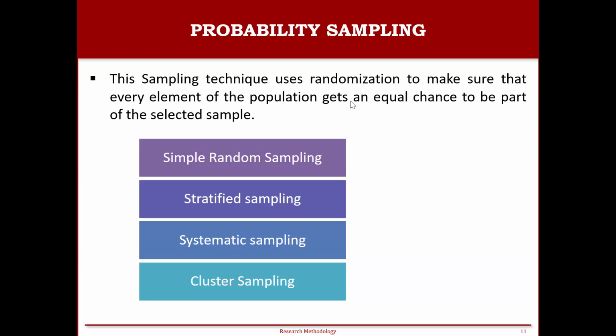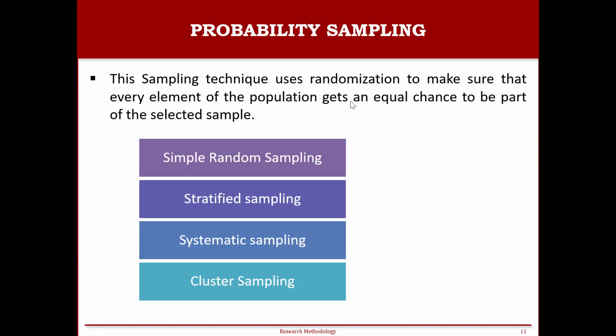If a researcher wants to accurately represent the entire population, they can go for probability sampling instead of non-probability sampling. Under probability sampling, I have stated four techniques: simple random sampling, stratified sampling, systematic sampling, and cluster sampling.